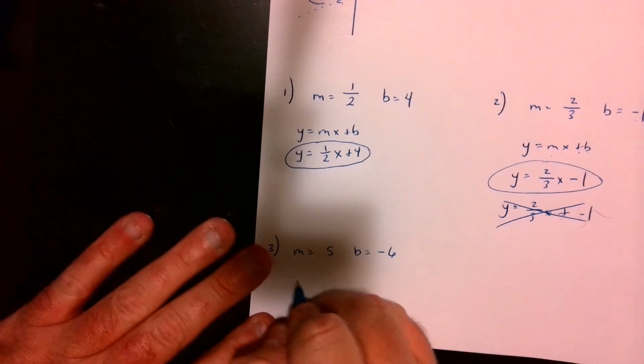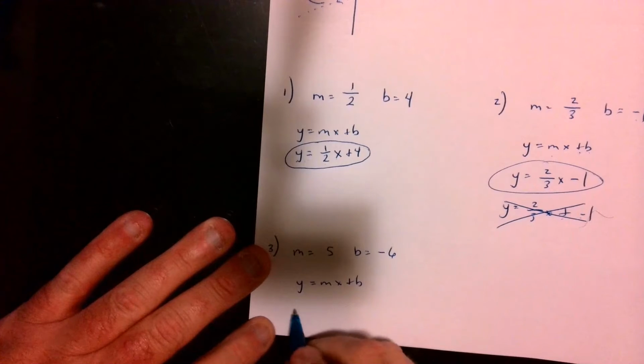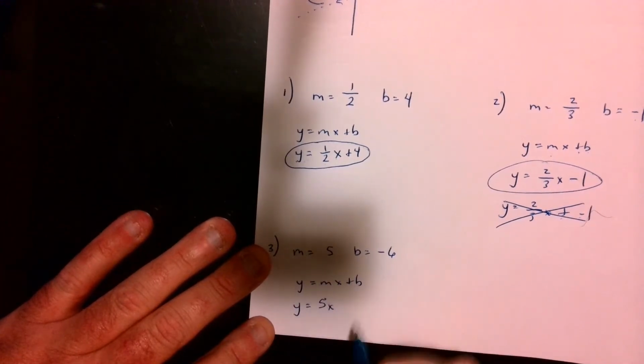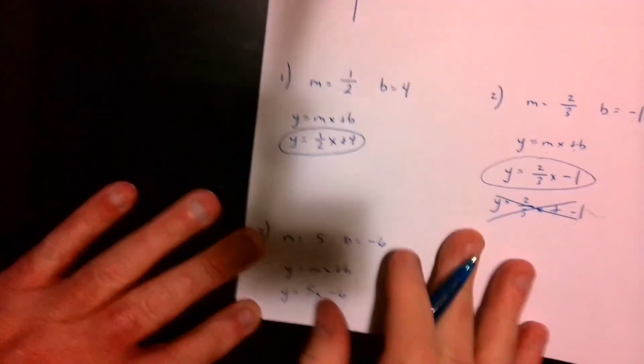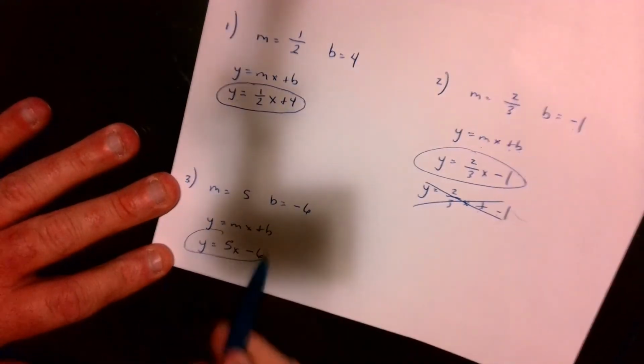Okay, so hopefully you have y equals mx plus b. For your solution, you should go y equals m is 5, 5x, and b minus 6. So y equals 5x minus 6 is your final answer.